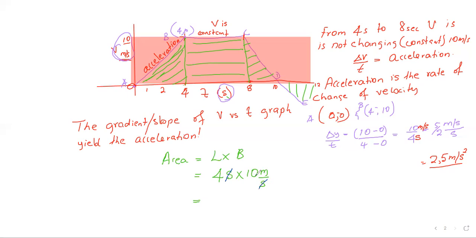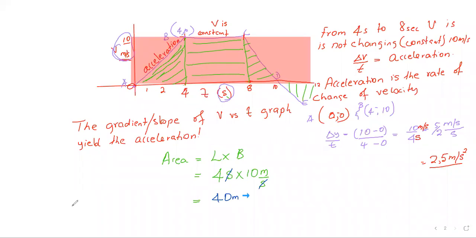We remain with meter, and 4 times 10 is 40. That's 40 meters as your answer. Now, this teaches us that the area under the graph of velocity versus time gives you the displacement, because that's a unit for displacement.